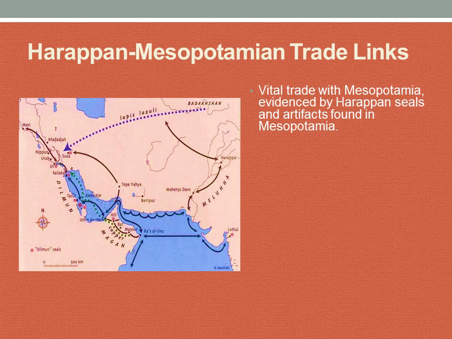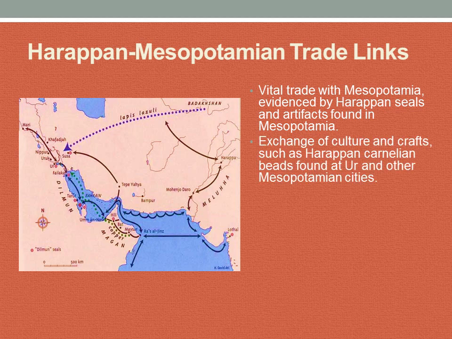Different sites of Mesopotamia include Nippur, Uruk, Ur, Failaka, Susa, Mari. All these sites had evidence of Indus Valley artifacts along with Harappan seals and other kinds of artifacts.